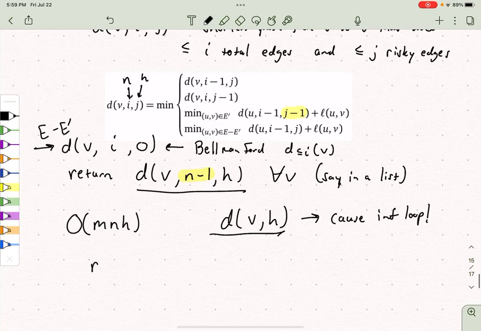So there are n possible subproblems, but because we're summing up edges as well, overall we're doing n plus m times nh. But because in most shortest path examples, we just assume the number of edges is dominant, so we get this.